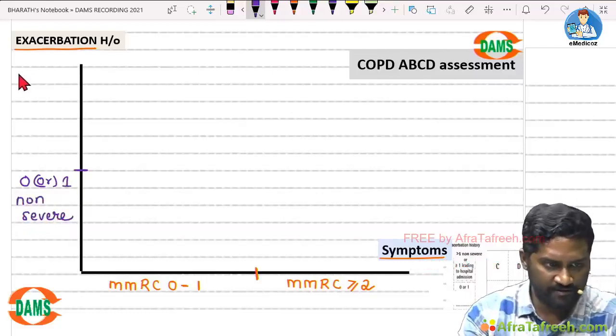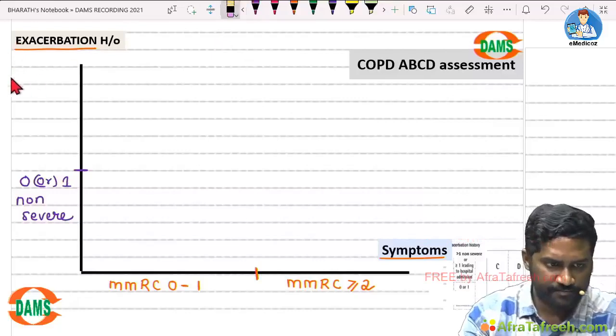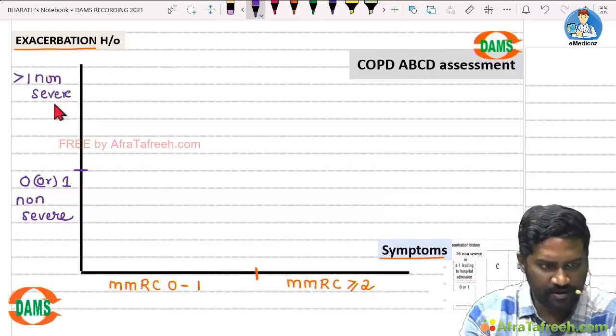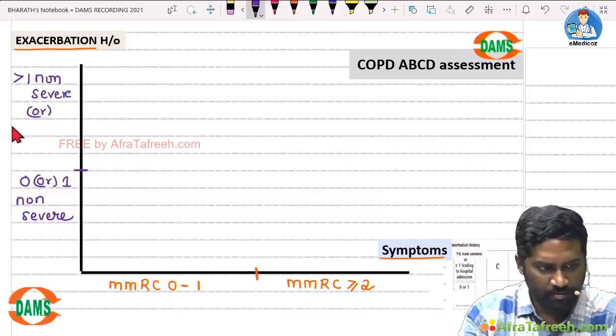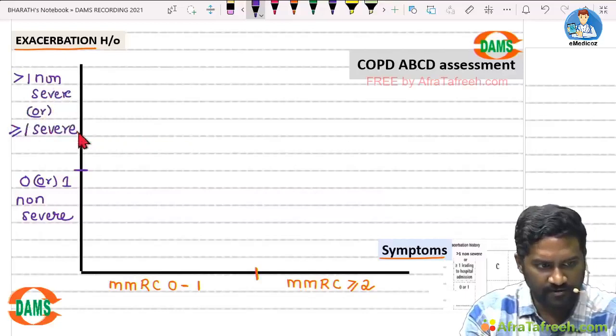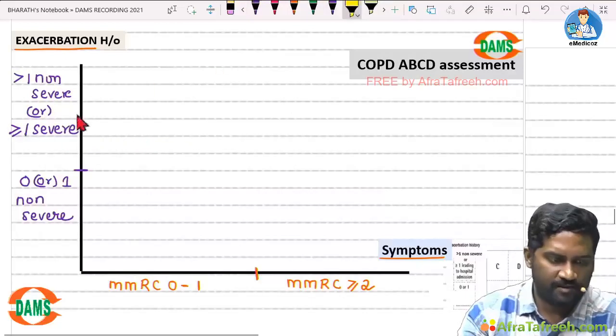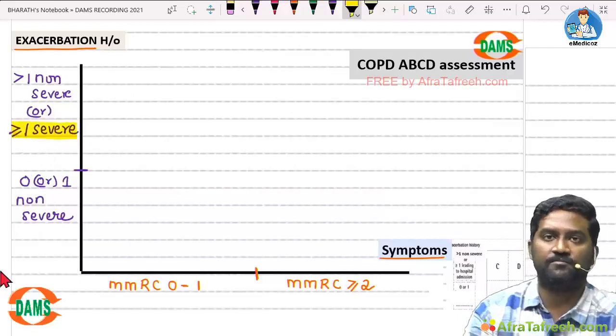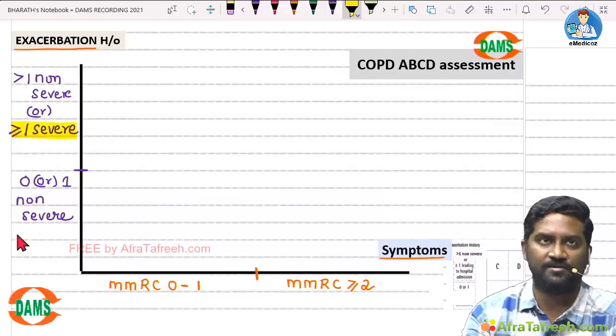More exacerbations means more than 1 non-severe exacerbation in the last 1 year, or more than or equal to 1 severe exacerbation. When do you call it a severe exacerbation? When it is responsible for hospital admission.